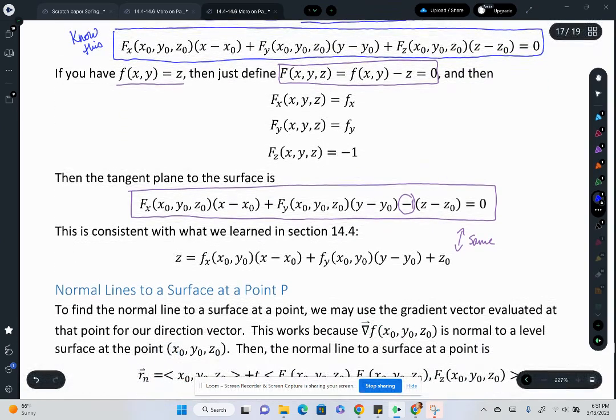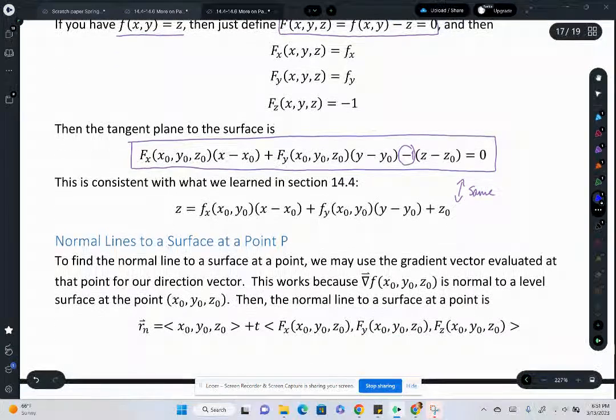All right, now if we want to calculate a normal line to a surface at a point P, a normal line would be perpendicular to the surface. Now remember, the gradient vector is also perpendicular to the surface. And remember, a line needs a parallel vector and a point.